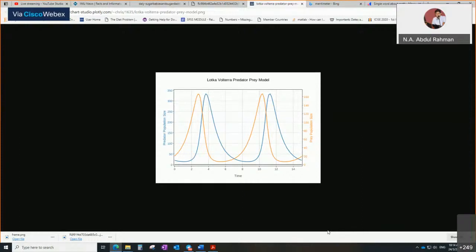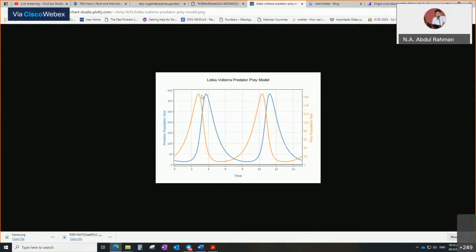So you can see when the number of prey is very high, for example at the first peak here, the number of predators is very low. And then because the number of prey, the quantity of food, is increasing, the number of predators increases again.